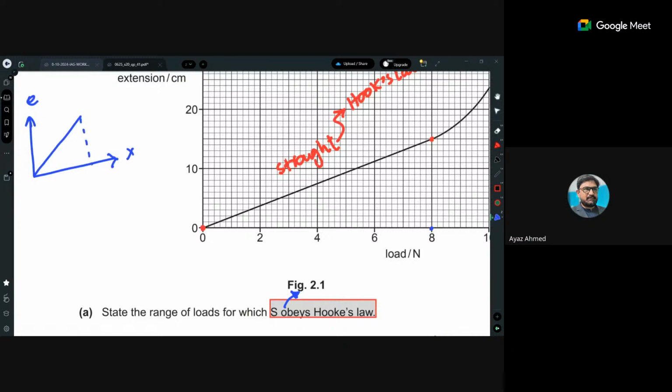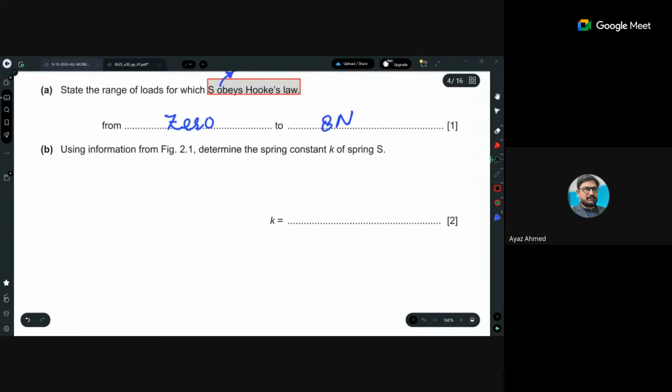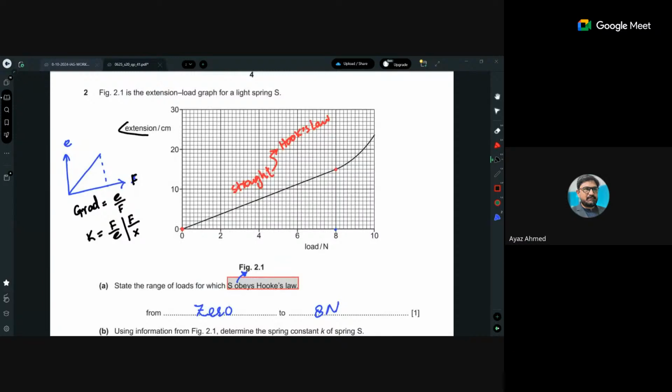If its gradient is given to you, you can get its spring constant. Gradient is equal to E by F, right? But your spring constant is F by E, which is force over extension, or F upon X. So here, you will take the gradient and then just take its inverse. Why? Because extension is on the y-axis and load is on the x-axis.